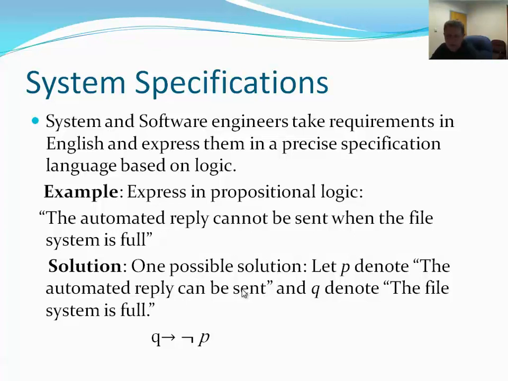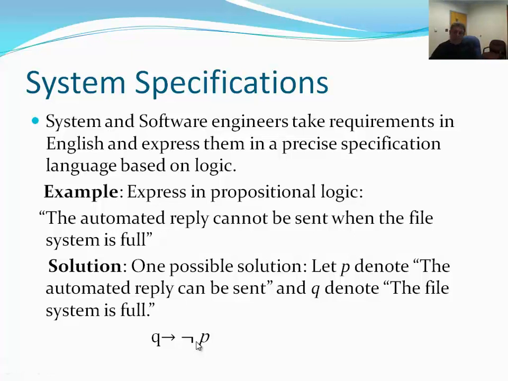We cannot say cannot, so we say can. Then for the cannot, we just use not P, such as here, not P. Let P denote the automated reply can be sent, and Q denote the file system is full. If the file system is full, then the automated reply, since it's not, cannot be sent.